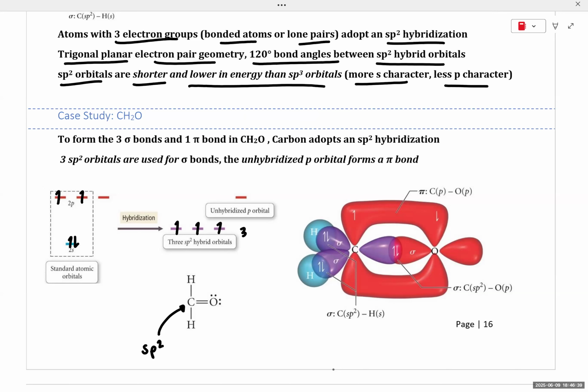So we can form up to 3 sigma bonds, and we have a half-filled unhybridized p orbital that we can use to form a pi bond. So the 3 sp2 orbitals are used for sigma bonds, and the unhybridized p orbital is used to form a pi bond. For those curious as to what oxygen looks like, we can repeat the same process for oxygen.